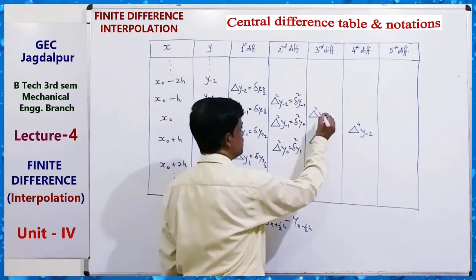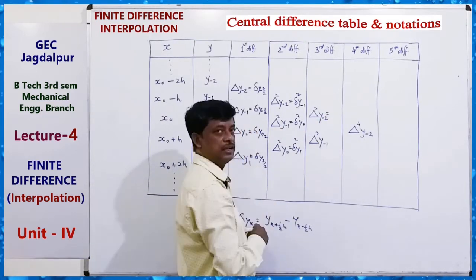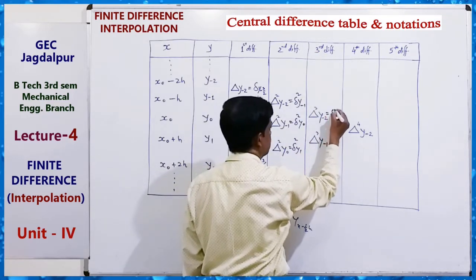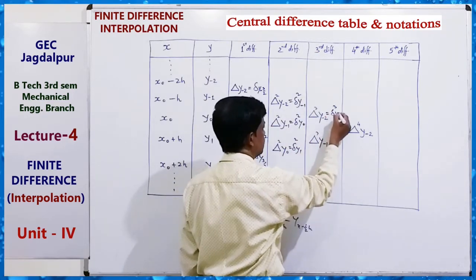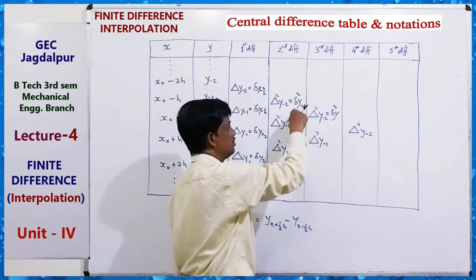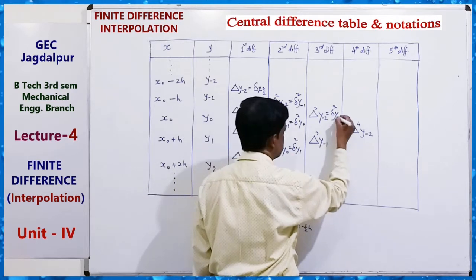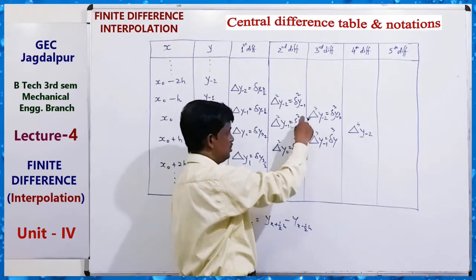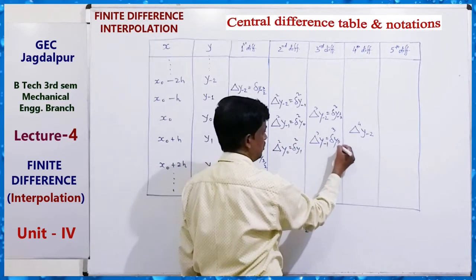Similarly, this can be written as what? Third difference y, average of these two, 0 and 1, minus 1. So minus 1 by 2 is minus 1 by 2. Similarly, this third difference y, average of these two, 0 and 1, 1 by 2, 1 by 2.